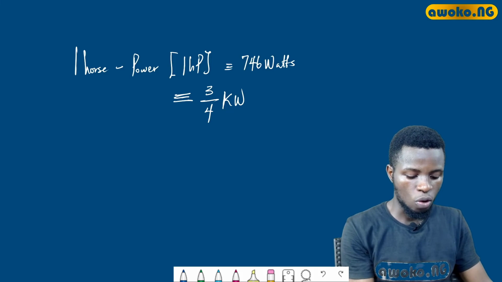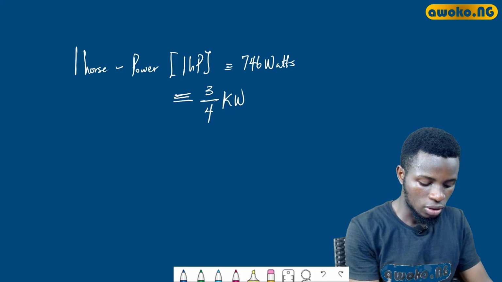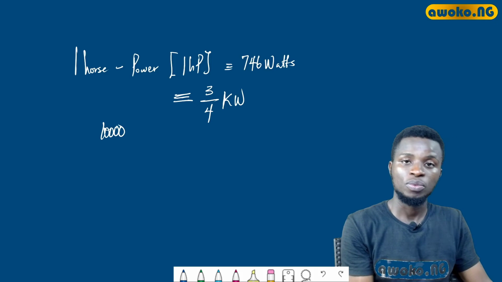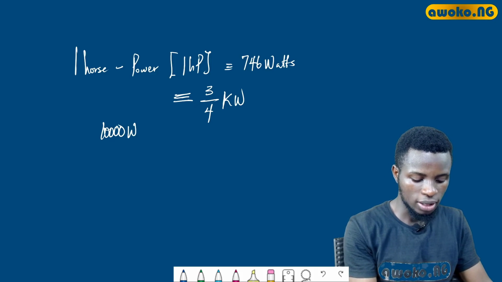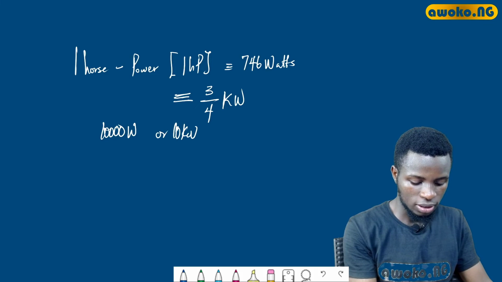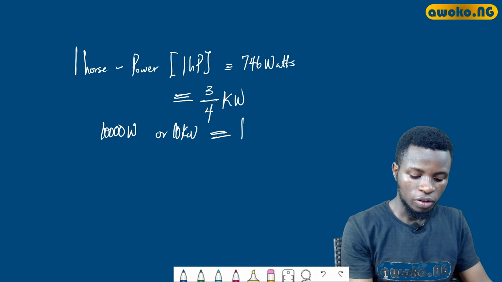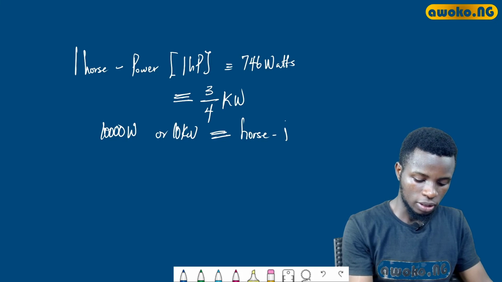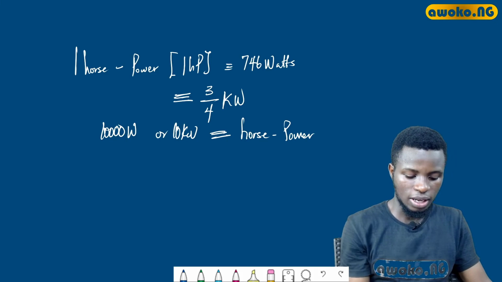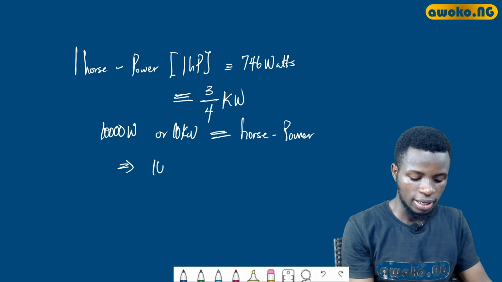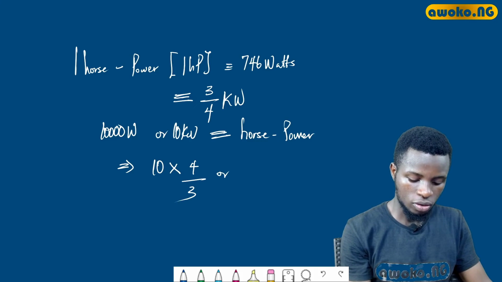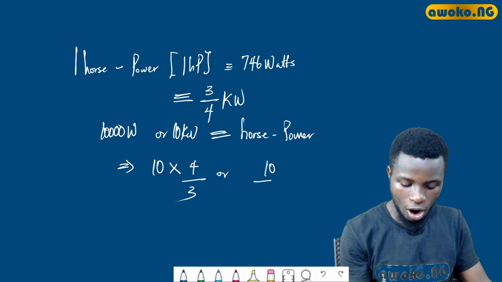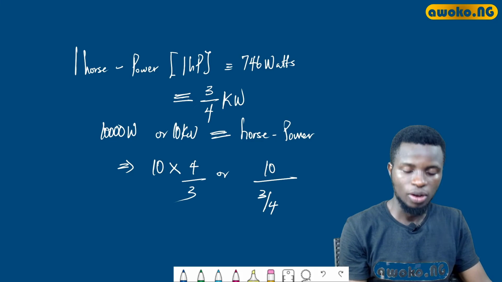So if we want to convert 10,000 watts or 10 kilowatts from the example we gave earlier to the horsepower counterpart, it is equal to 10 all over 3/4.